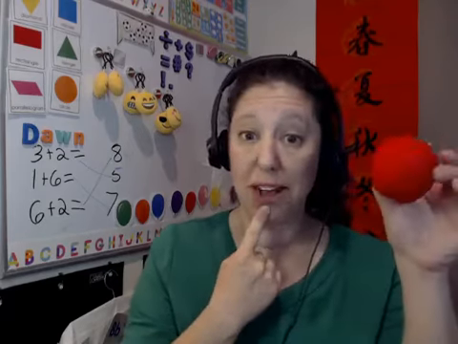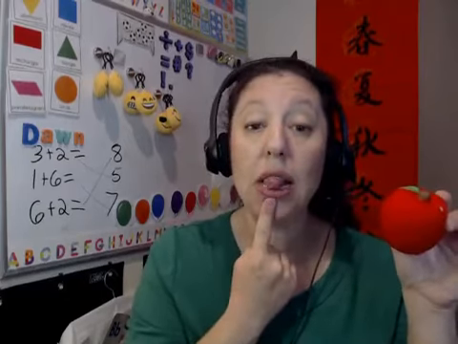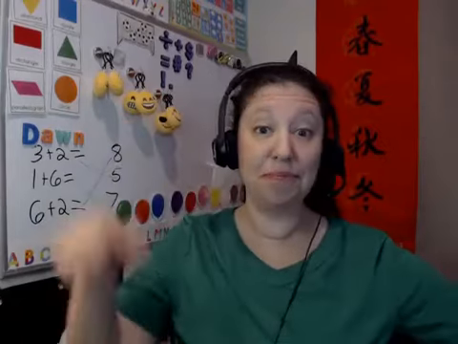So I will show my prop and I will point to my mouth and say apple. Then I will cup my ear. Cupping my ear is the universal sign for it's your turn to talk. I can't hear you. Apple. See, don't you want to say apple?